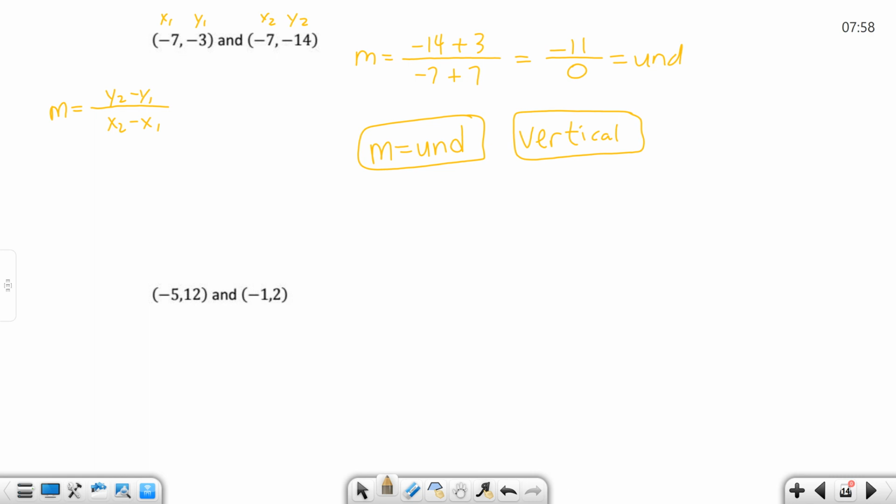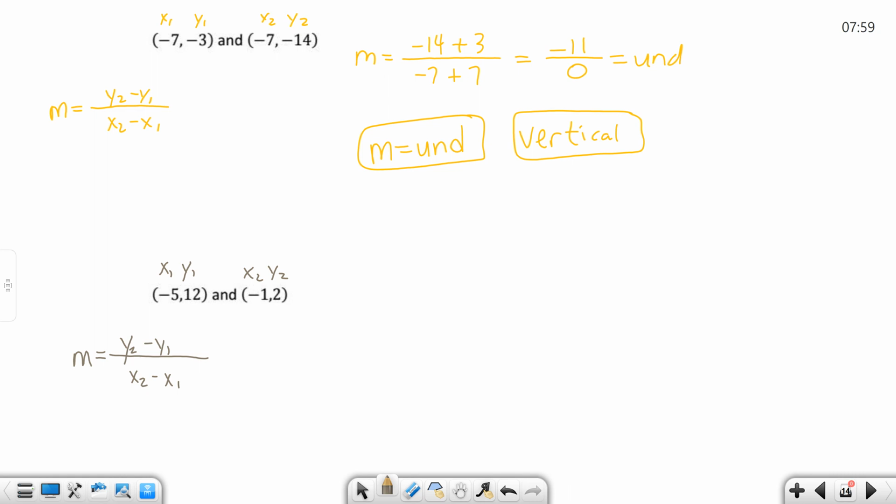So the next one: negative 5, 12, and negative 1, 2. This is x1, y1, x2, y2. And guess what I'm going to do? Yep, you guessed it. I already told you I was going to do it. If you don't know now, you haven't been listening. y2 minus y1 over x2 minus x1.